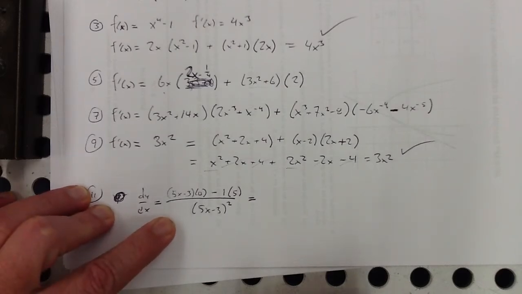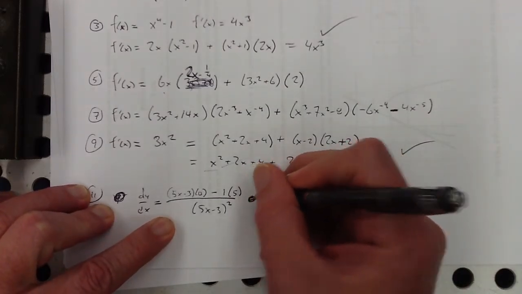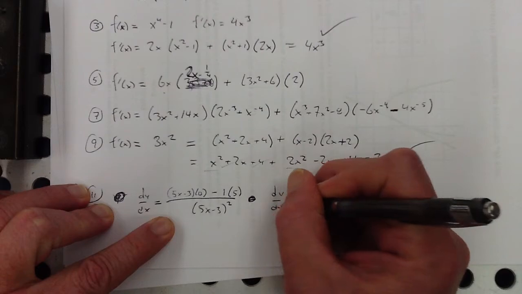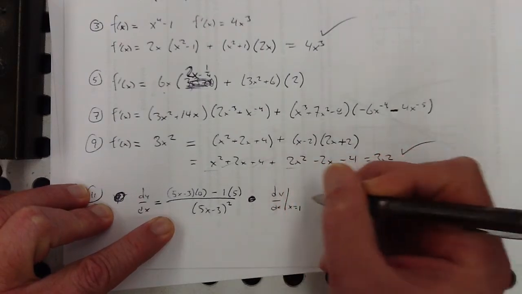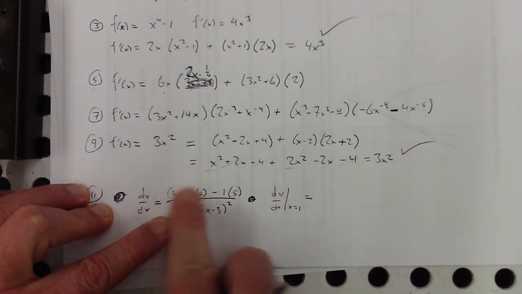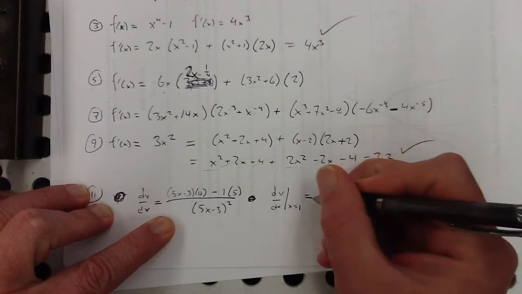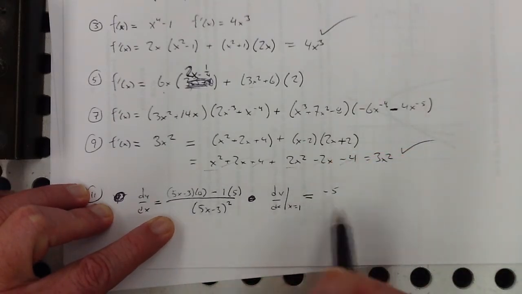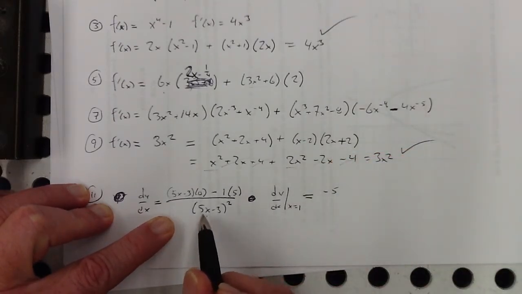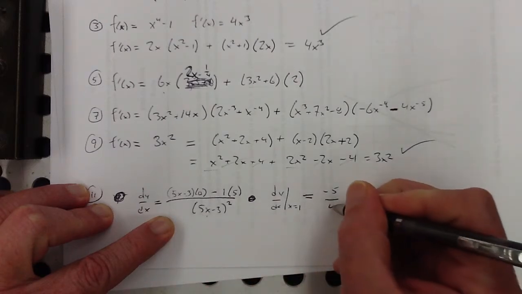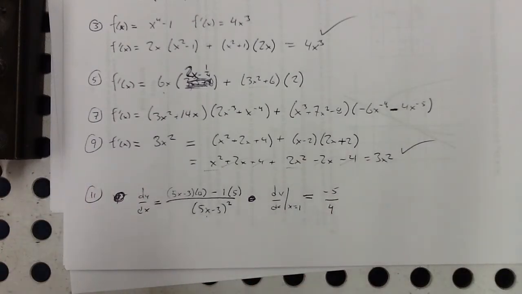So plugging 1 into this, dy dx at x equals 1 is, that's 0, that's negative 5, nowhere to plug anything in, and then plugging 1 in here, we get 5 minus 2, so that looks like negative 5/4. Looks like the answer.